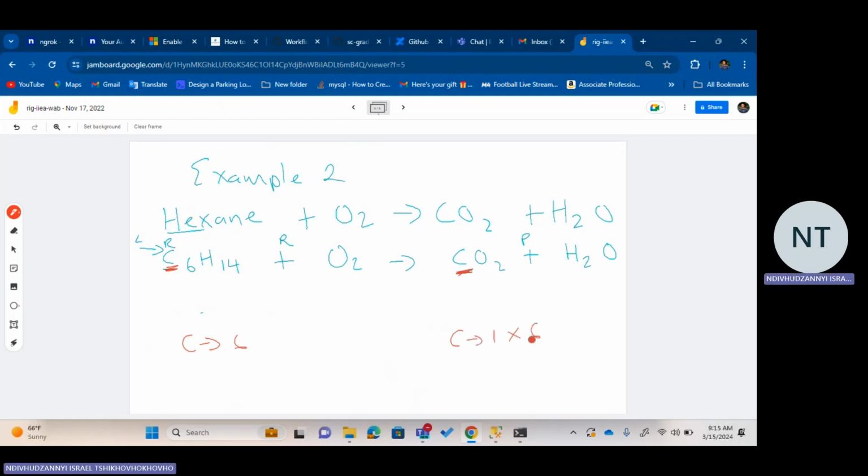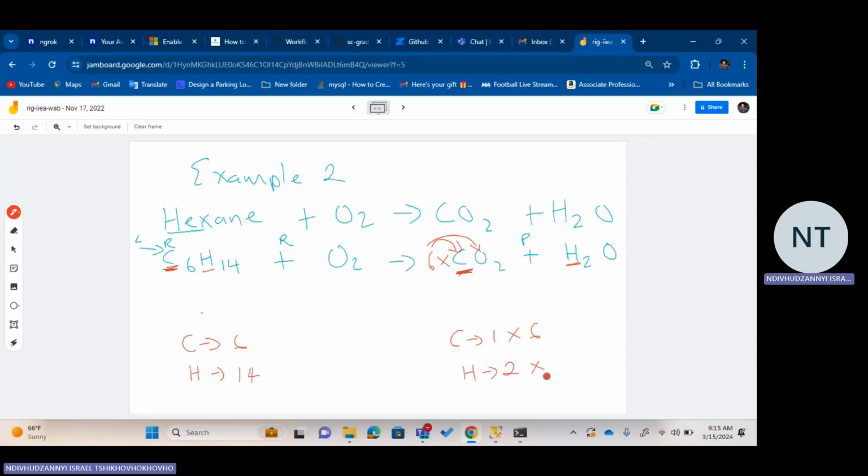Then you can multiply by 6. So we multiply by 6 there. It doesn't only multiply here, it also multiplies the O. Let's go on. For H, we have 14. I hope I didn't make any mistake when I was finding the molecular formula, but let's see. 14. Then for H here, we have 2.